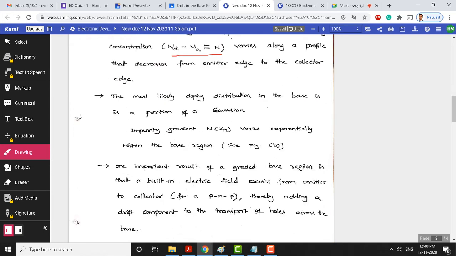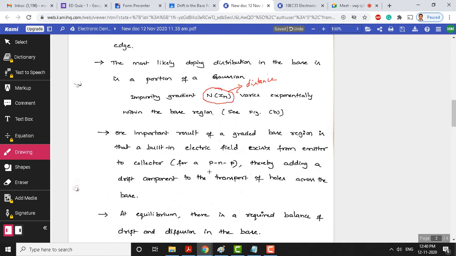The impurity gradient function can be written as N of xn, which is the impurity concentration as a function of distance. As I told you already, it varies like the Gaussian function.